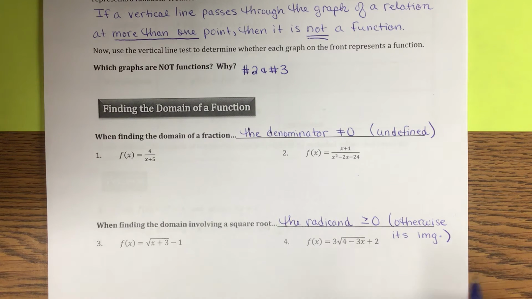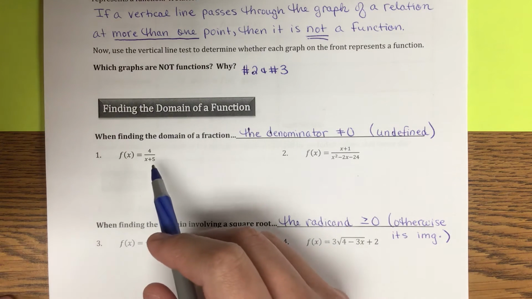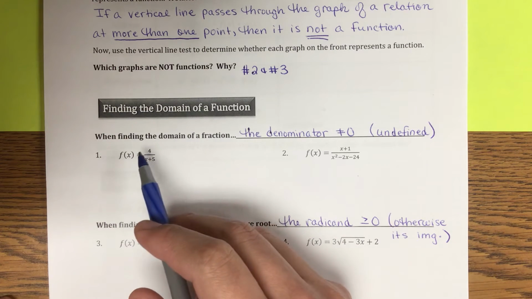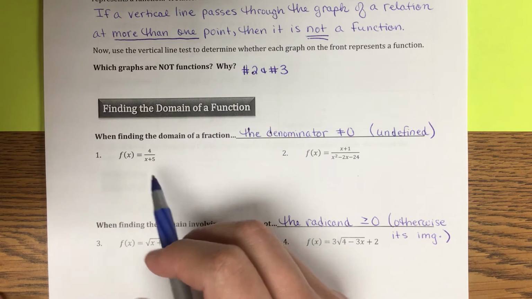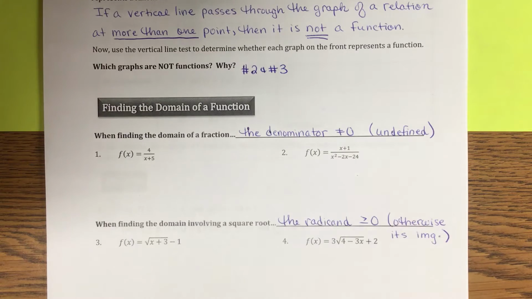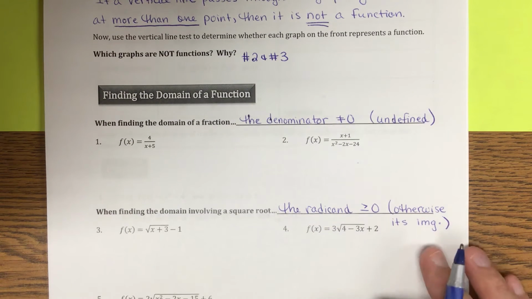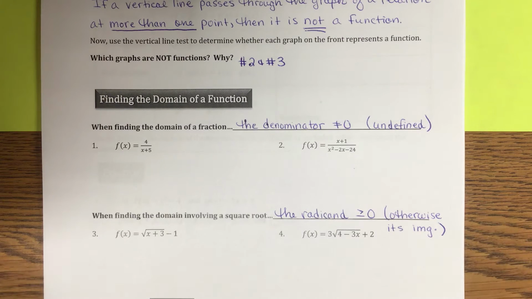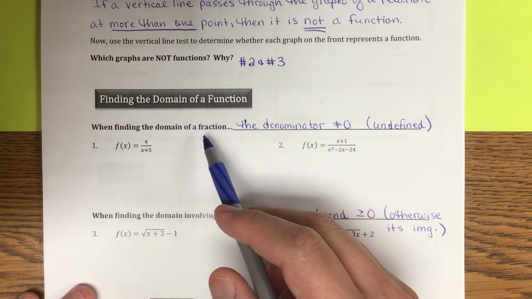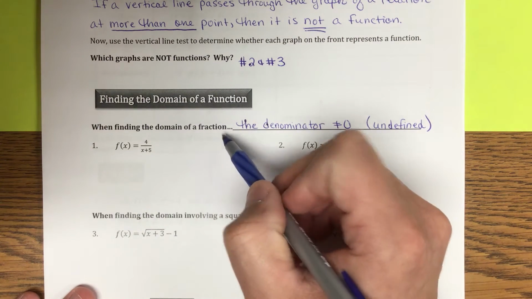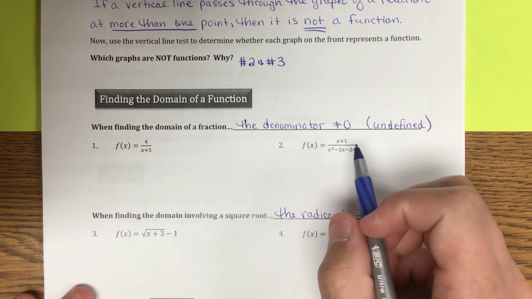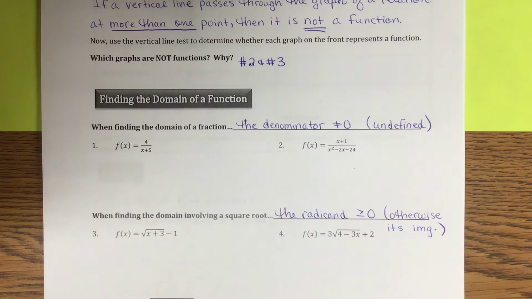The 2 big things that we're going to look at today are how do we find the domain of a rational function, aka a fraction, and then how do we find the domain of a function involving square roots. And they each have their own rule. When you have a rational function or a fraction, the denominator can never be 0, because you can't divide by 0, it's undefined.